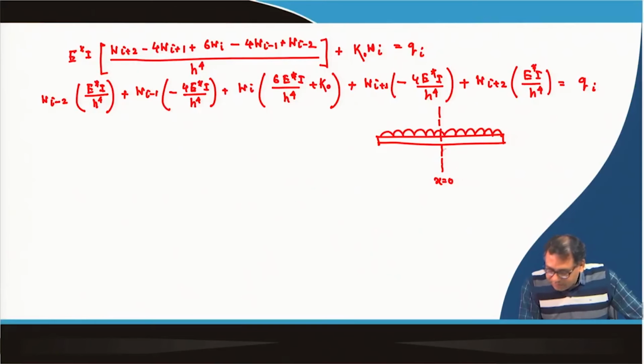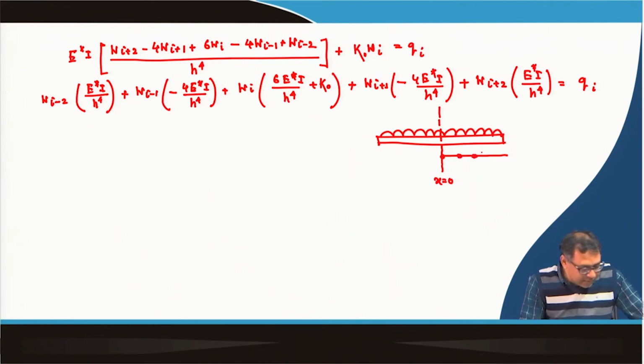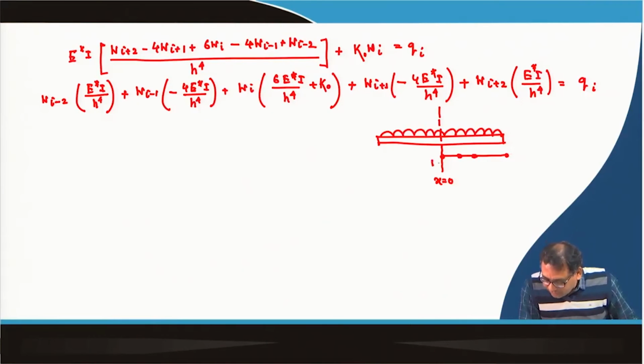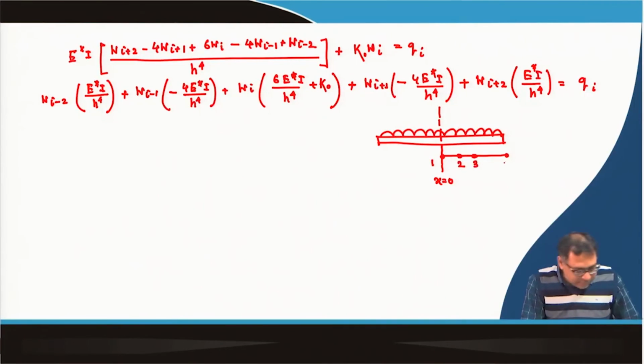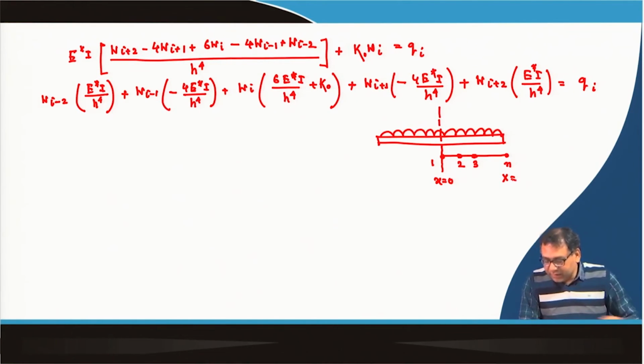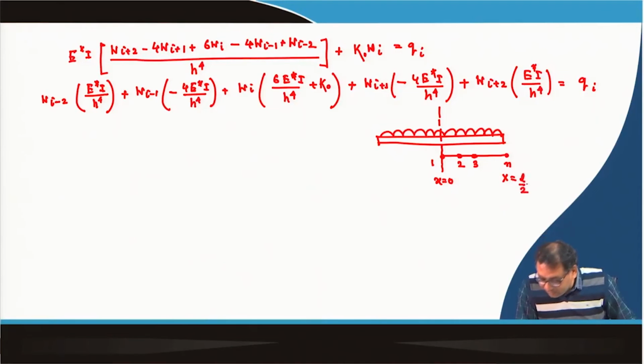If I take these points only, and divide them into a number of nodes, this is the first node, second node, third node, and this is my nth node, at x equal to L, or I can write that this is my beam length. So, this is x equal to L by 2. So, this is L by 2, this is also L by 2.